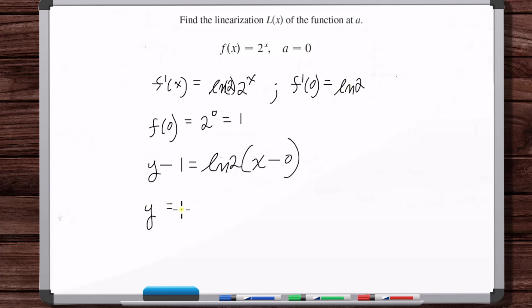So y is equal to x natural log of 2 plus 1. And this is the equation for the tangent line to this curve at a equals 0. So just to do the official linearization, call that L(x).